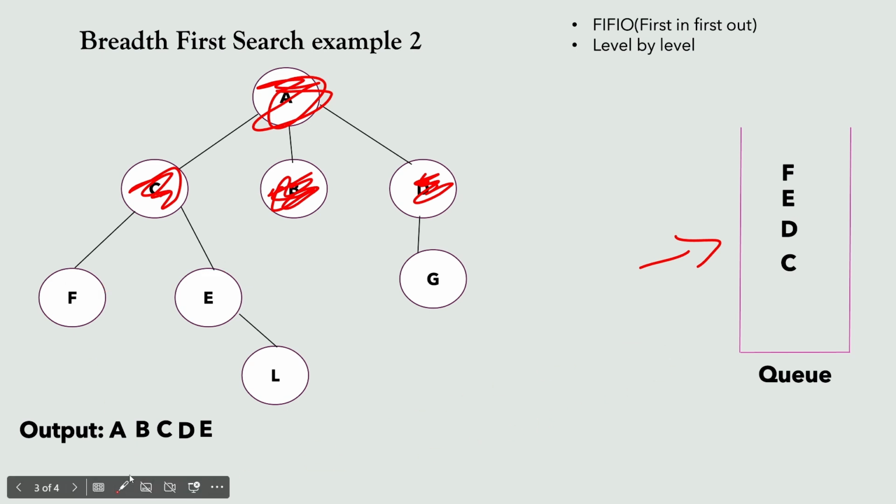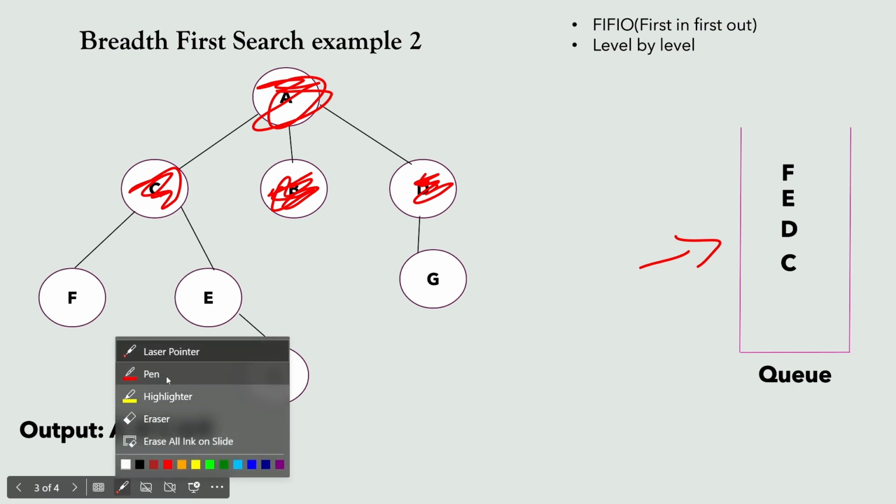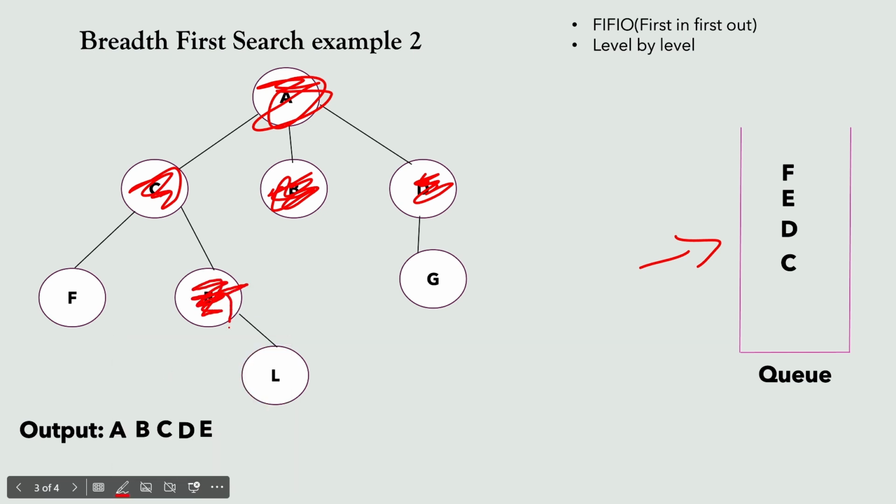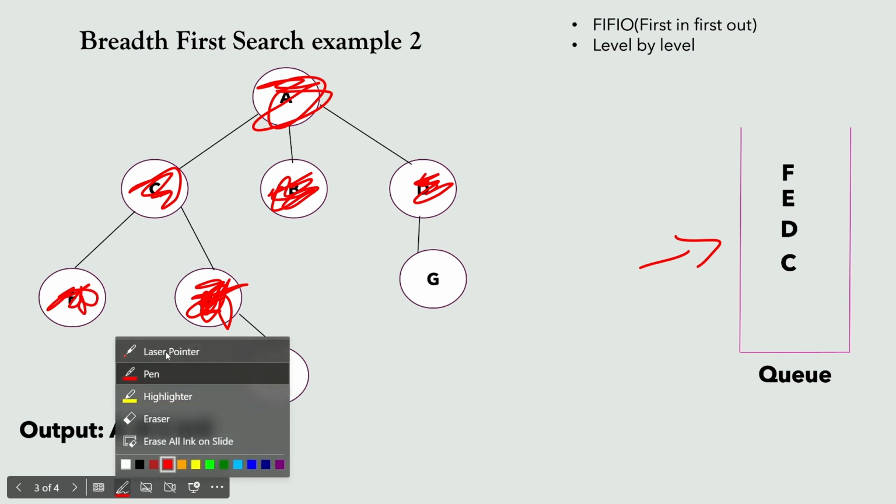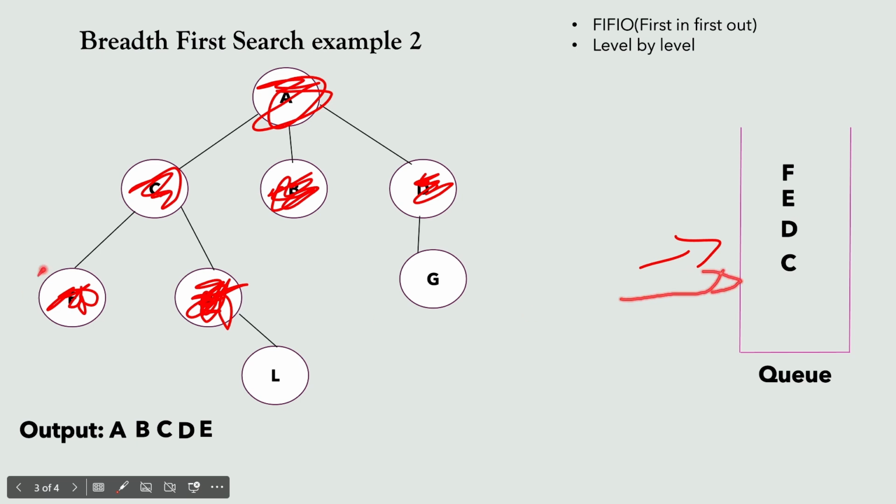Now we take C out from the queue because C doesn't have any node left. C, get out. So now D has one node left, so we put G inside the queue and mark it as visited.